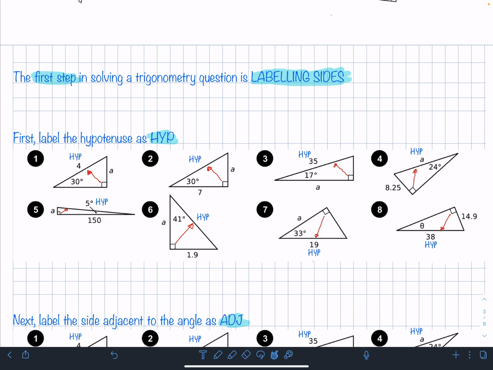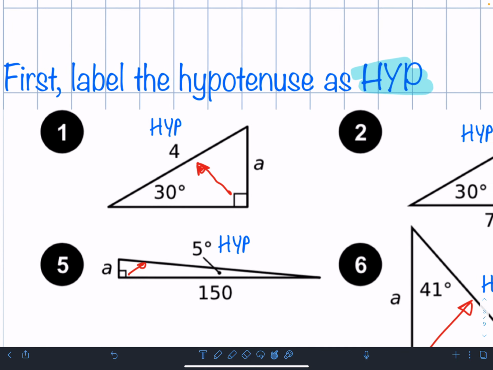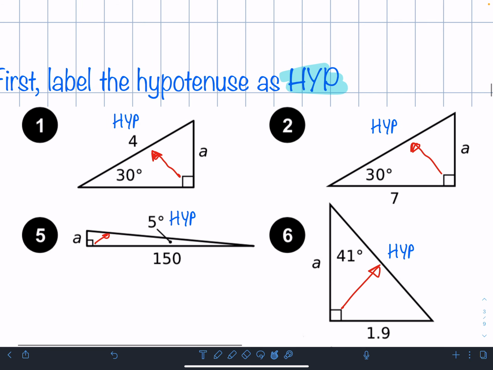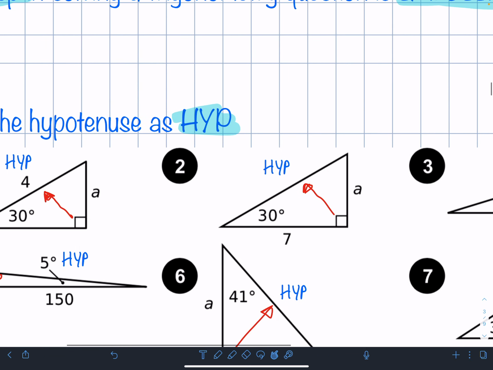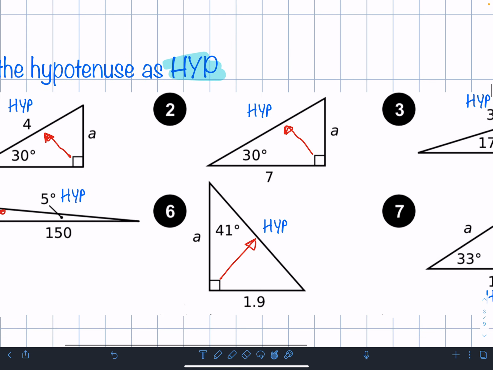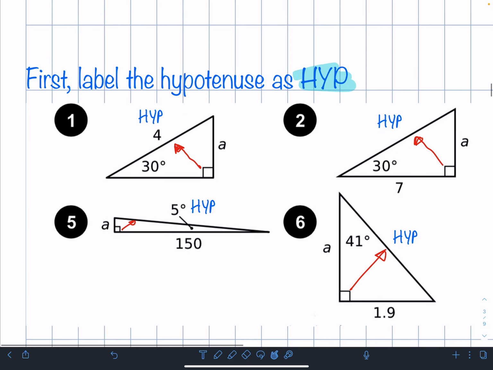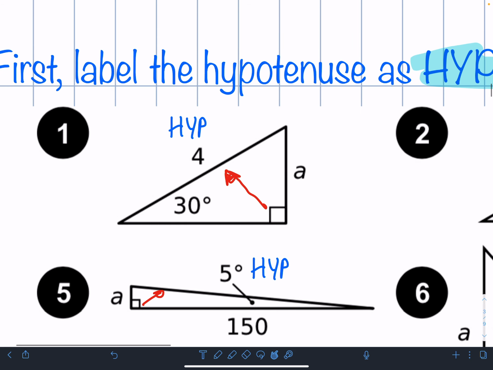So a hypotenuse is actually the longest side in a triangle. And you can see that it's directly opposite from, or directly across from, the right angle. And so I've got the red arrows there showing that it's straight across from the right angle. So that's the hypotenuse. So in number 1, it's 4 centimetres.